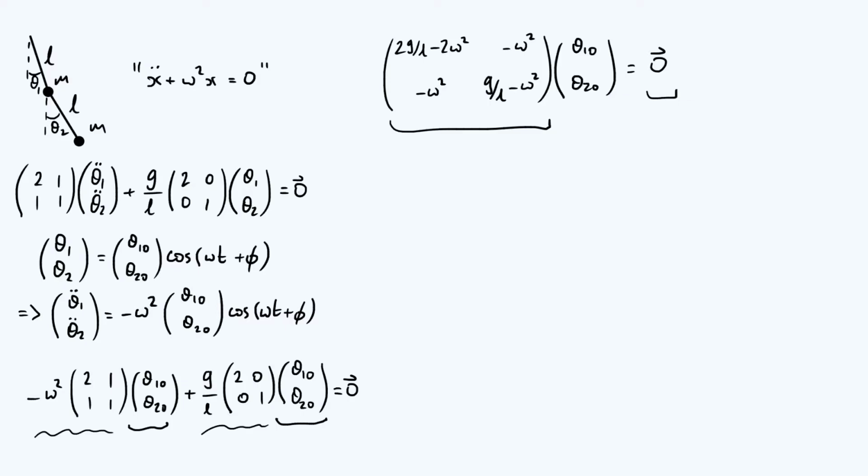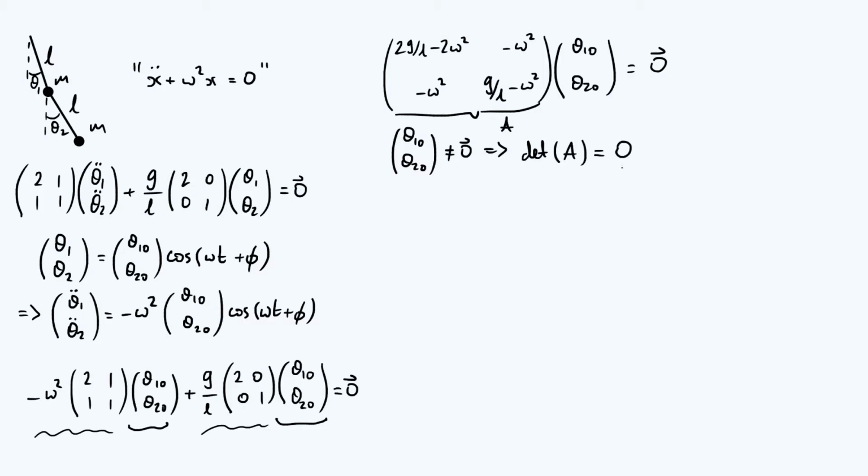So if we want to think about the case where theta 1,0, theta 2,0 is not the 0 vector, we want this first matrix, which I'm going to call just A for notational convenience, to have a determinant of 0. That's the condition for a matrix not to be invertible. So I'm going to say the determinant of A is 0.